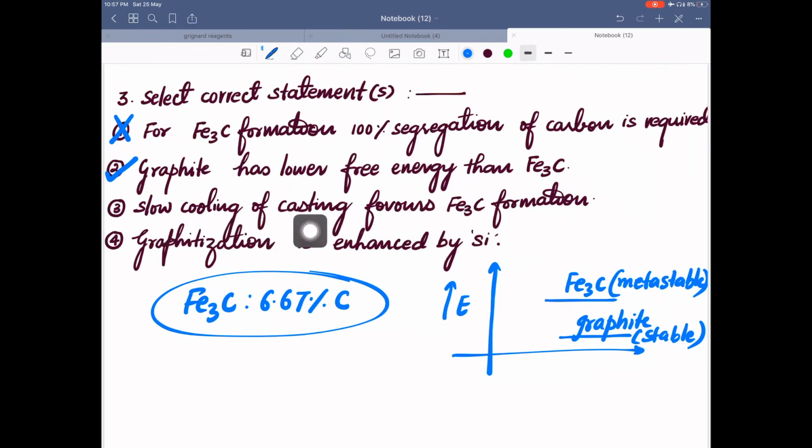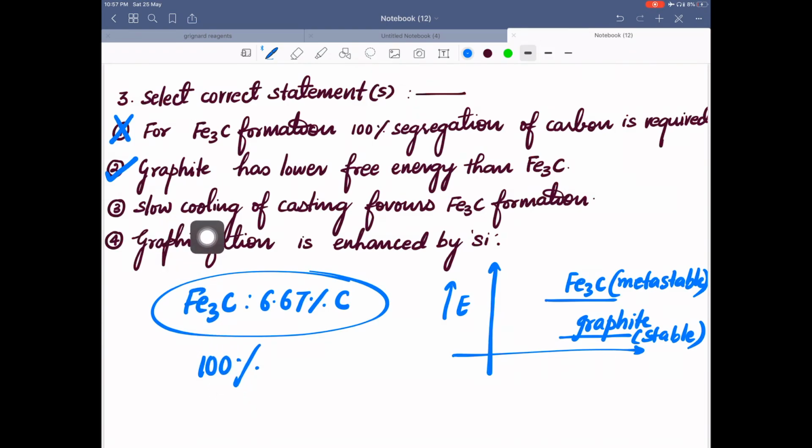And I think this is also wrong, because if the cooling rate is slow, like in sand casting, if you just cool it in air, more time will be given to the phases, like the graphite phases, so carbon can segregate very easily, and 100% segregation can occur if you are providing more time.